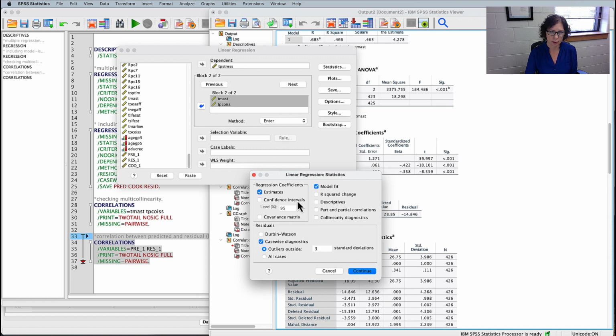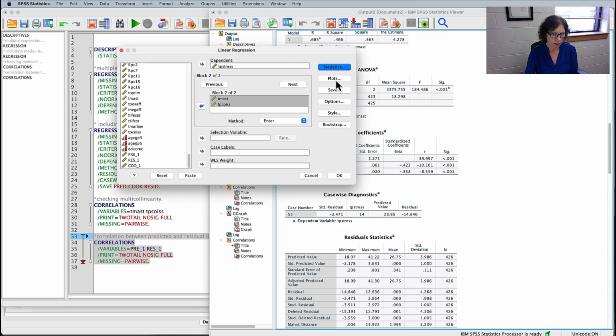So you can include that, or you can also just report your beta as your effect size for those. We want here R squared change, because we're actually running 2 models and looking at the change in R squared between those 2 models. And that looks good there.